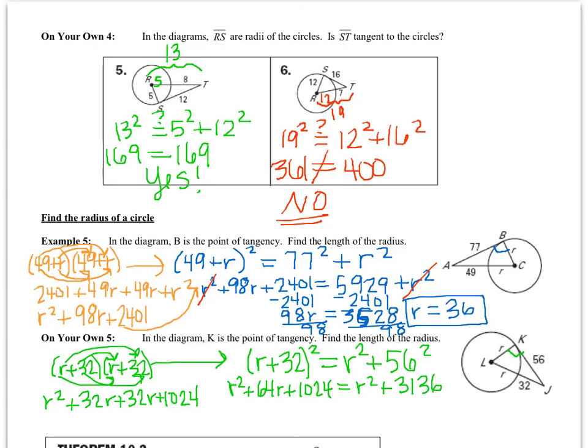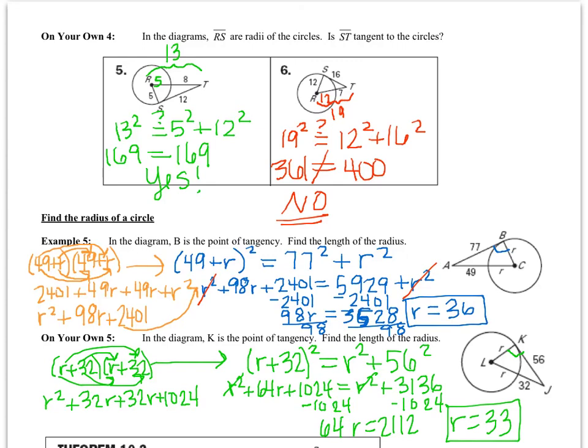I've got r squareds on both sides. I'm going to cancel them out. I'm going to try and get my r alone now by subtracting 1024 from both sides. So I have 64r equals 2,112. If you divide both sides by 64, then you find that r is 33 for your radius. So definitely, I would say the trickiest problems for this lesson.